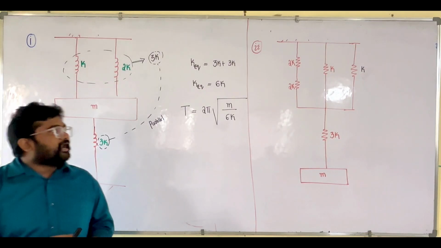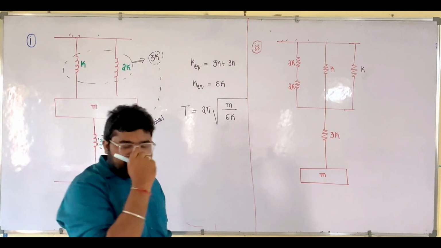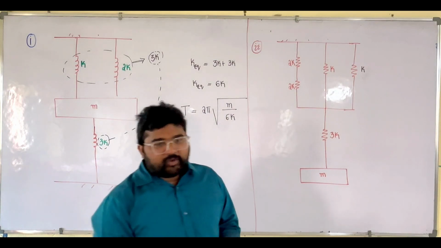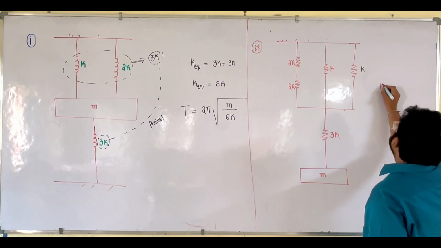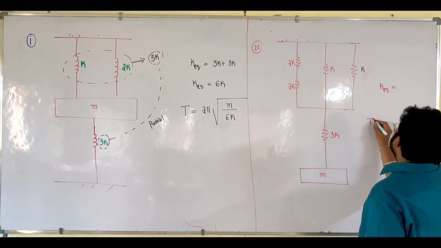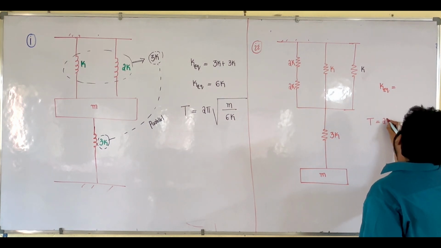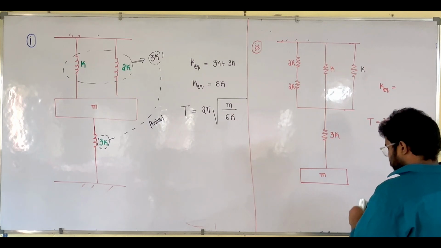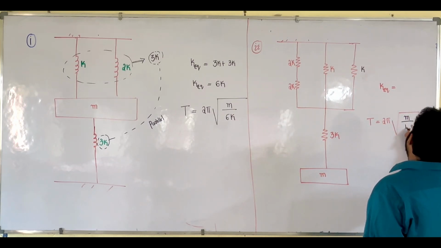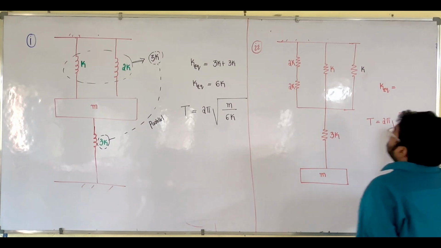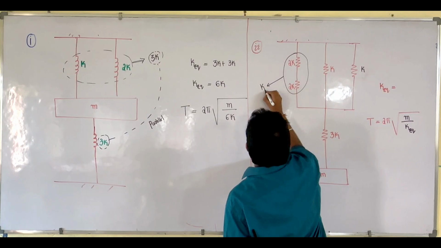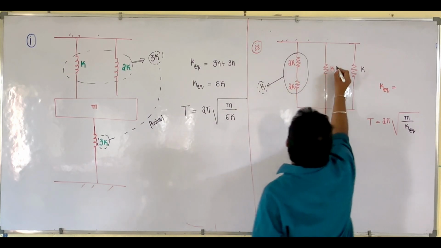The time period is 2 pi square root of m by K equivalent. Here 2K becomes K, then K, K, K.